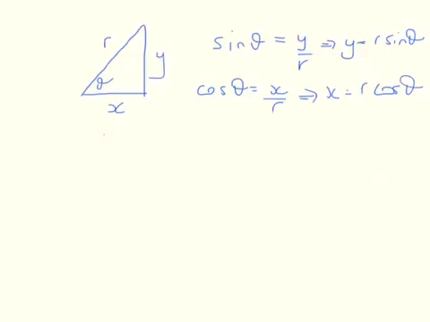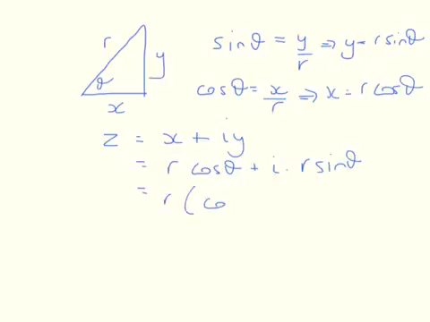So instead of writing z equals x plus iy, I can also write it as r cos theta plus i times r sine theta. Or if you like, r out the front, cos theta plus i sine theta.